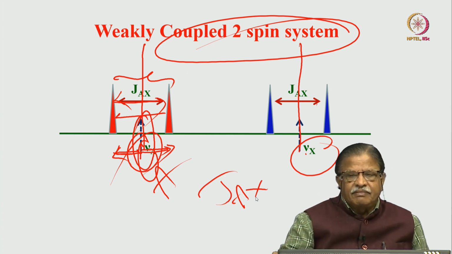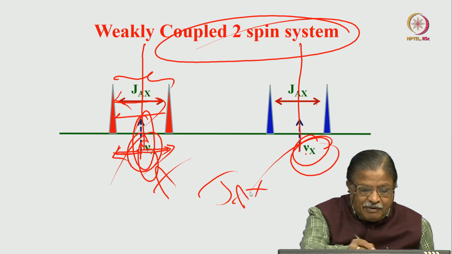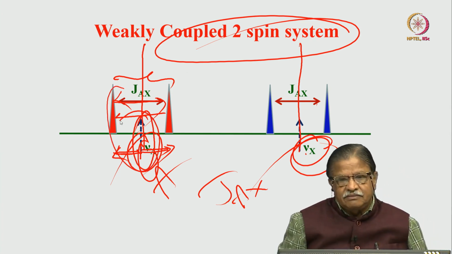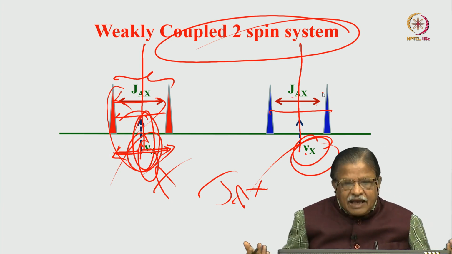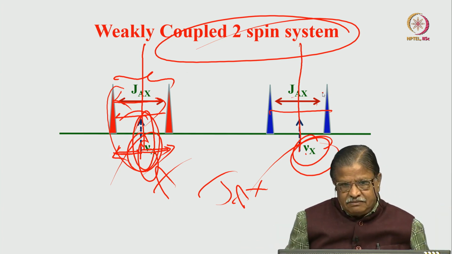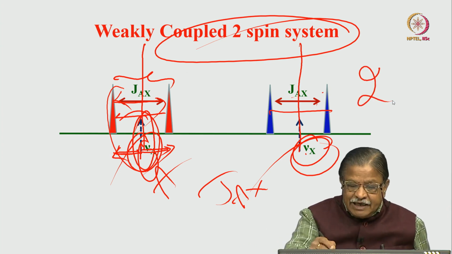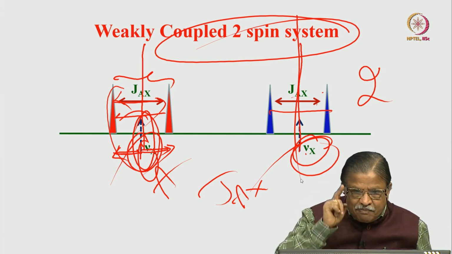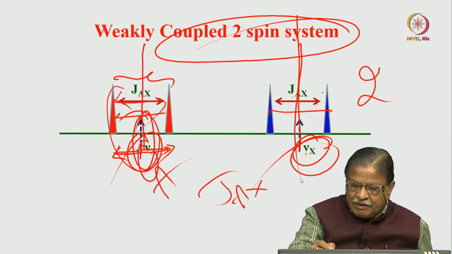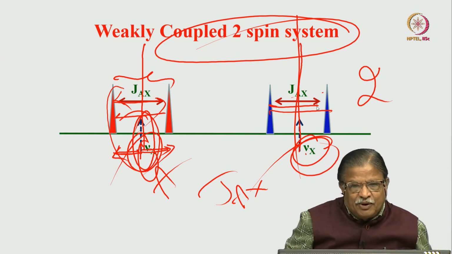Similarly, proton X will become a doublet because of proton A. Measure the separation, this is JAX, exactly the same, identical. So, when two protons are coupled, each proton will be a doublet. Remember, each proton will be a doublet, and the separation of this doublet gives you the J coupling value.